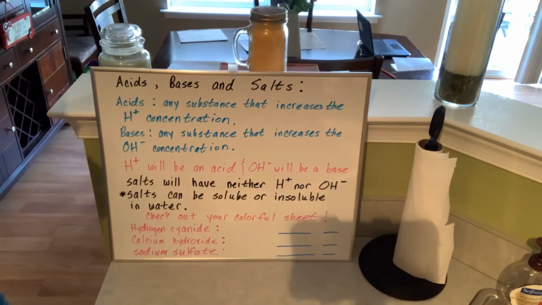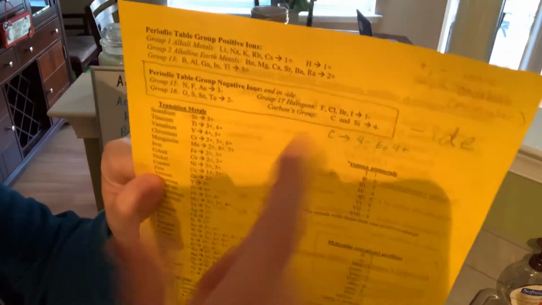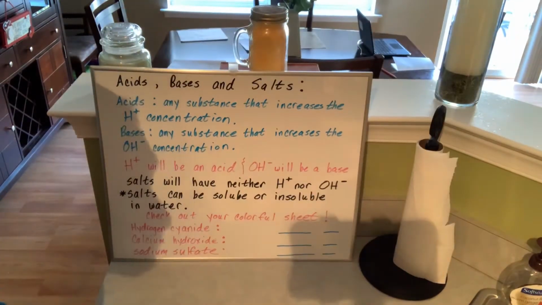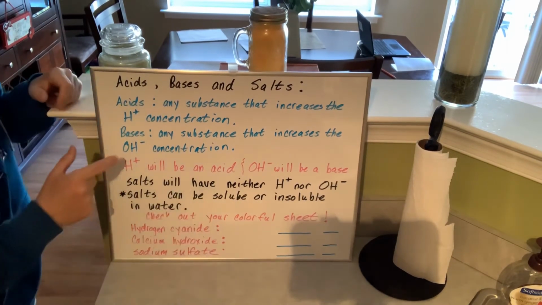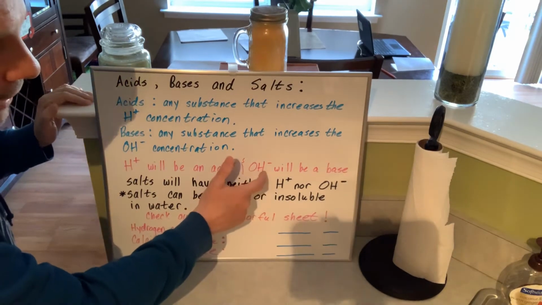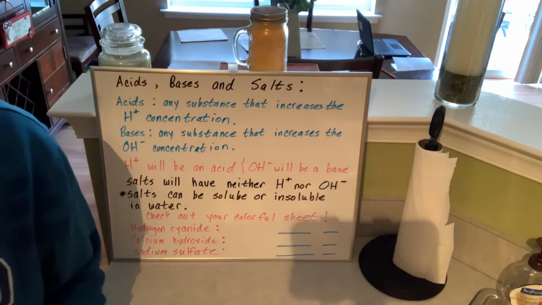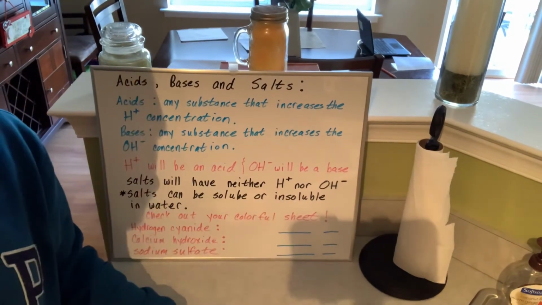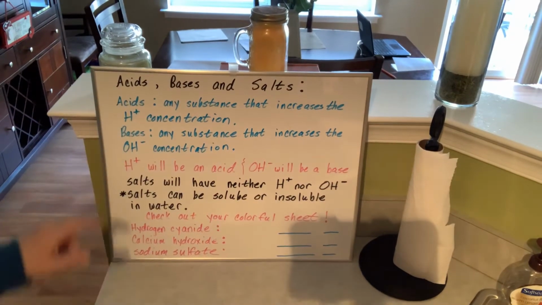So if we're piecing together the formulas, what we did before with the positives and negatives, this side of your colorful sheet. Now you take the positive, take the negative, make them go to 0, and that's how we would do the ionic compound formula. If your positive ion is H plus, then it's going to be an acid. If the negative ion is OH minus, then it's going to be a base. Okay, now, if it has neither H plus nor OH minus, that makes the substance some type of salt.